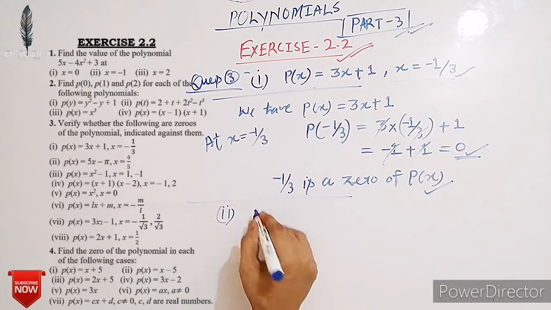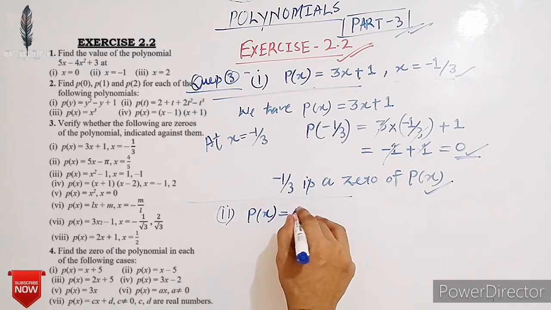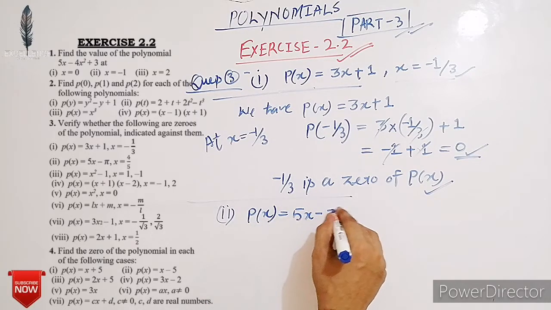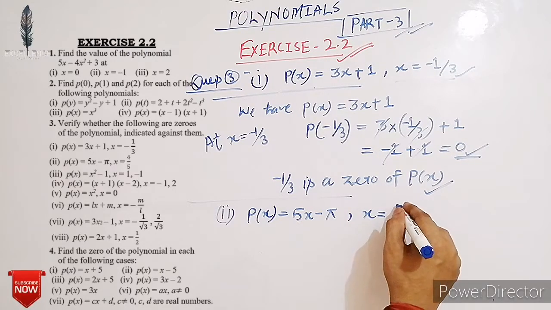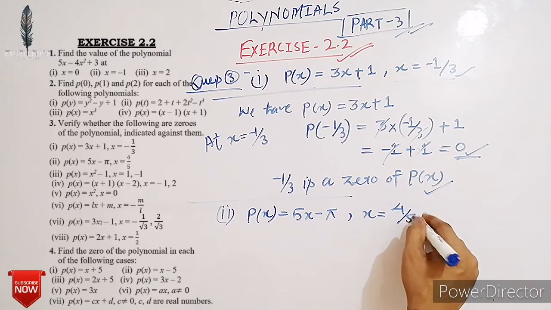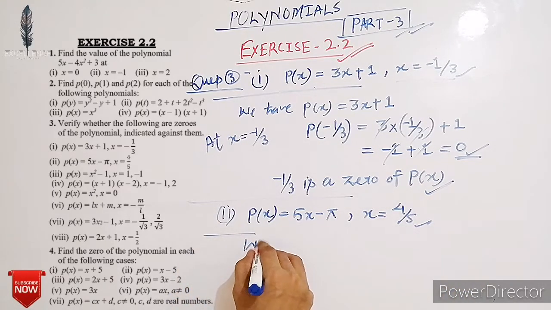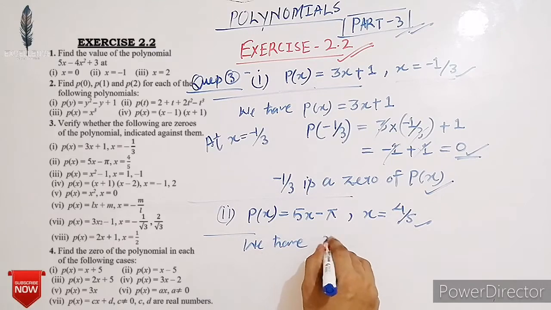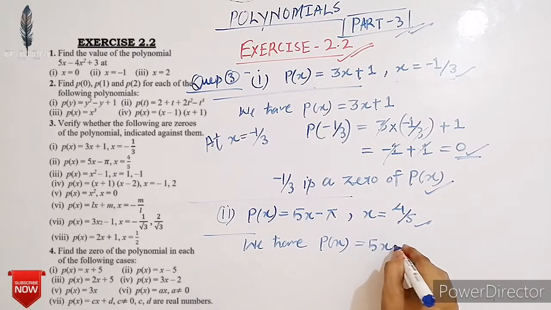Okay. Now next is p(x) = 5x - pi and x = 4/5. Okay. So here we have p(x) = 5x - pi.